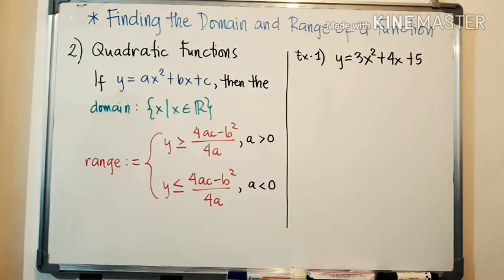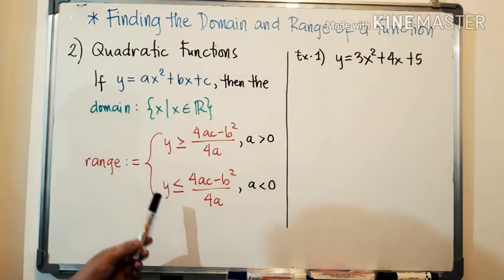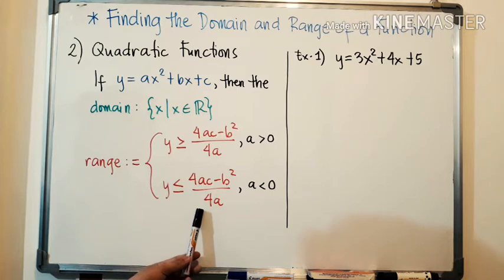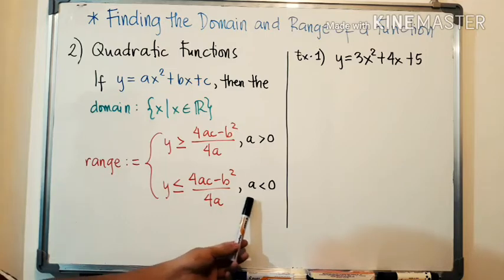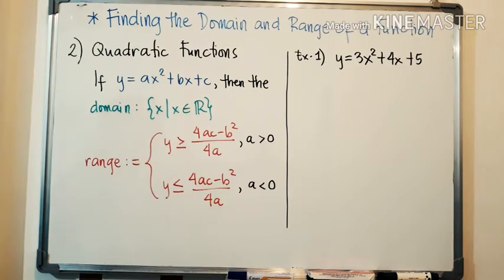Or the range is the set of all y's where y is less than or equal to this expression 4ac minus b squared divided by 4a, where a is negative or a is less than 0.